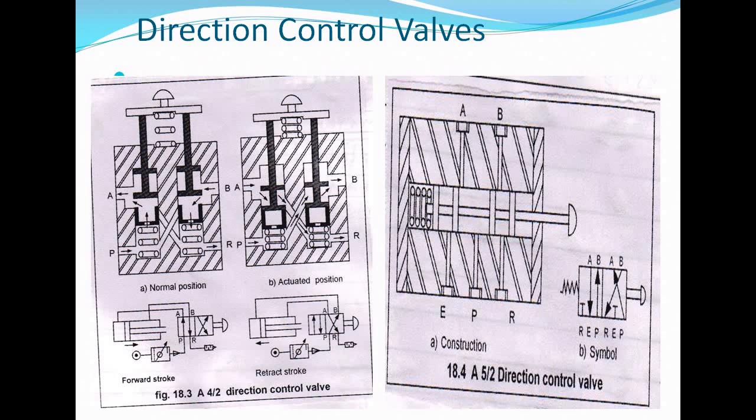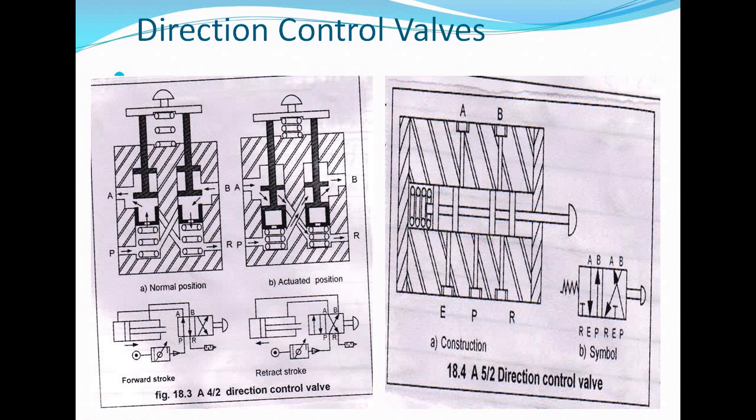And in case of actuated position, that means when this valve is pressed, what will happen? This port will get closed. So from pressure, the air will pass to port B, and from A, through this passage, air will go to port R when there is the actuated position.